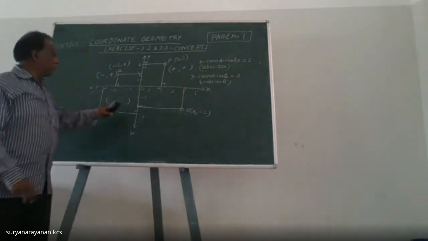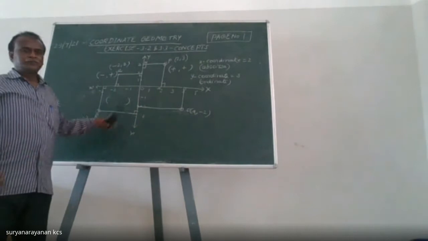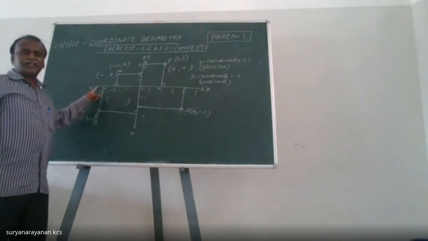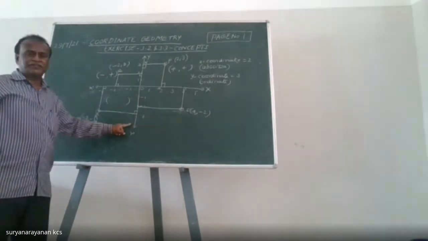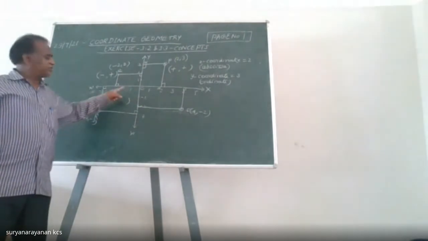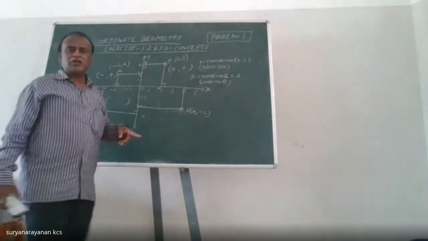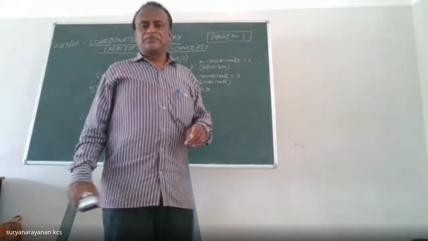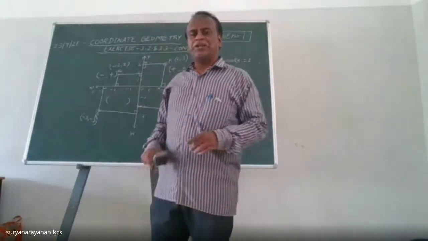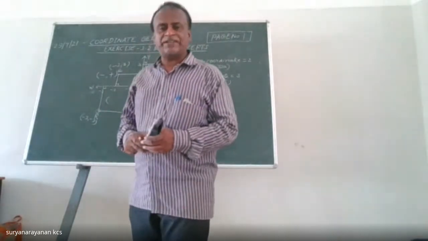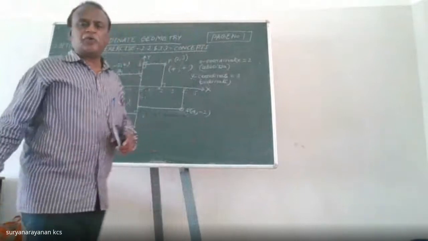Tell me, for quadrant 3, the negative x-axis and the negative y-axis. Yes or no? The negative x-axis and the negative y-axis are borders of quadrant 3.